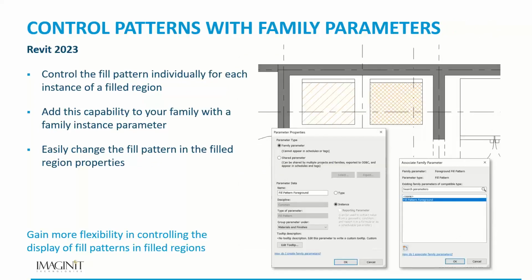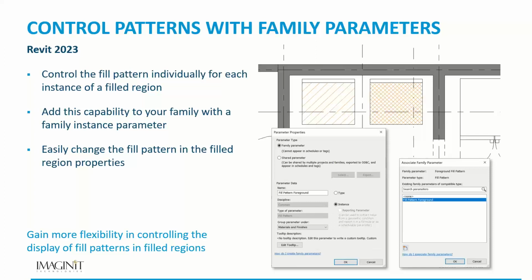Another one that they've added, and I thought a lot about whether or not to put a star on this one, is the ability to add filled regions in our families. In the past, or pre-23, we could add masking regions to our families, but we could not add a filled region to our family. Now we can not only add a filled region, but we can decide whether it is a type or an instance parameter. So I could take a chair, for example, and add a filled region to that as an instance parameter.